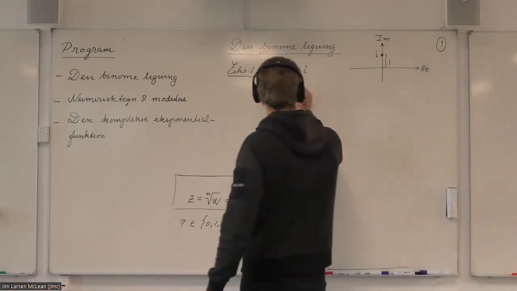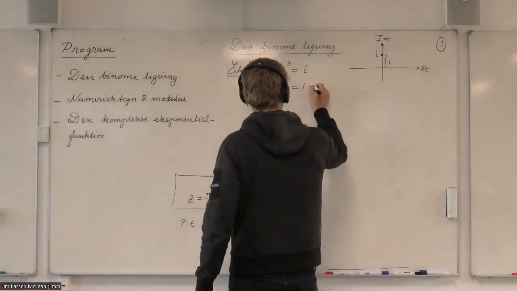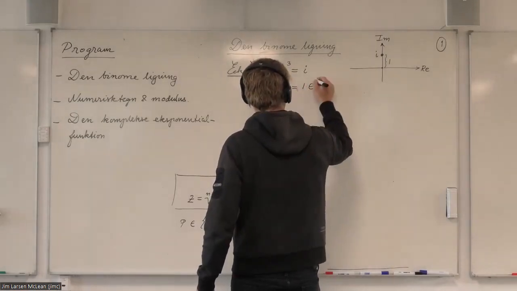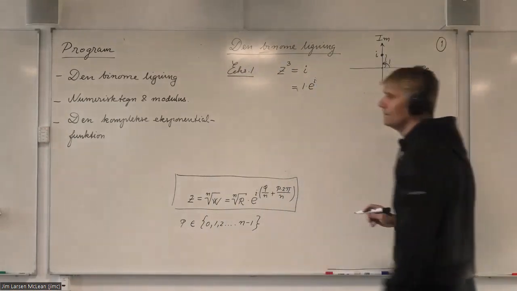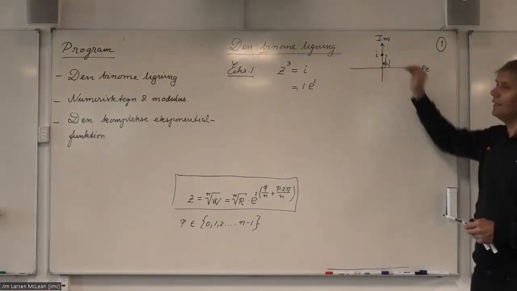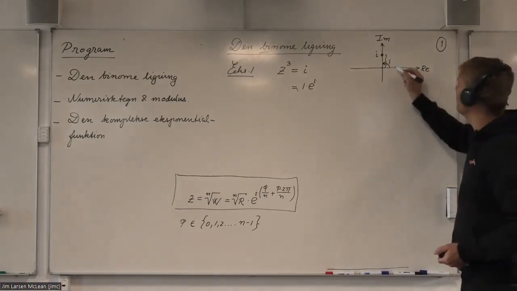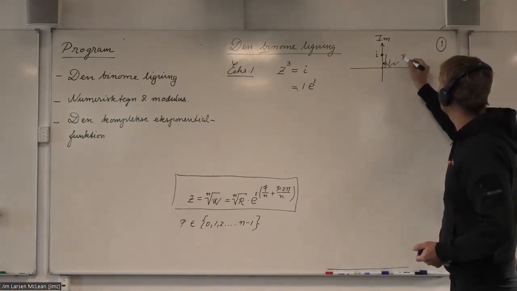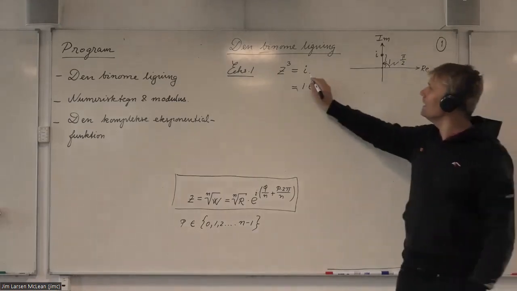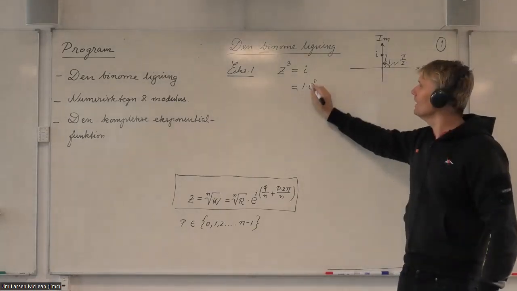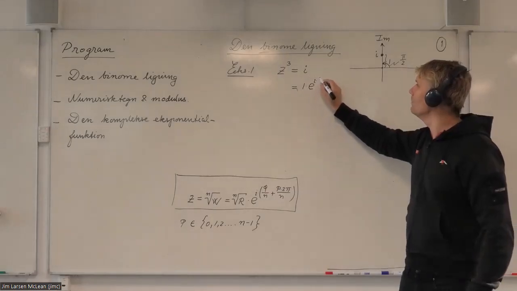So I can rewrite this number as 1 times Euler's number, raised to the power of i times this angle here. And what angle is that? 90 degrees. 90 degrees, that's the same as pi over 2 radians. So that means the i we have up there can be rewritten in this guise as e to the power of i times pi over 2.